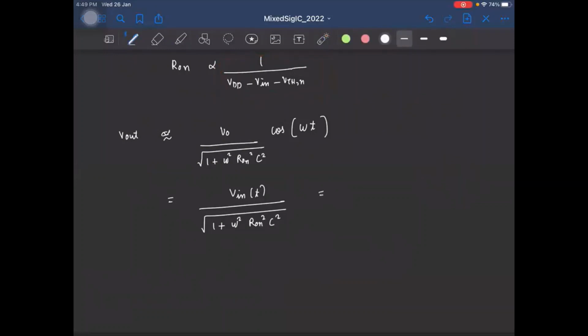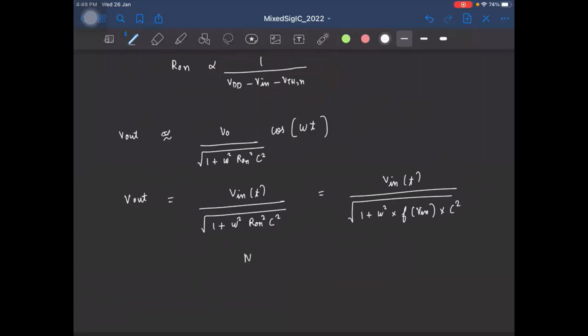So this is essentially V in of t by square root of 1 plus omega square, some function of input, times C square. So this obviously is not a linear relation between V out and V in, right?